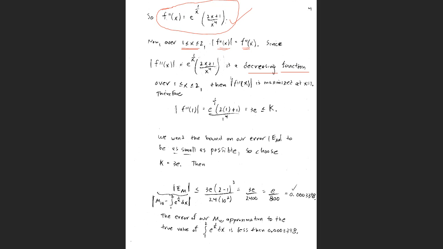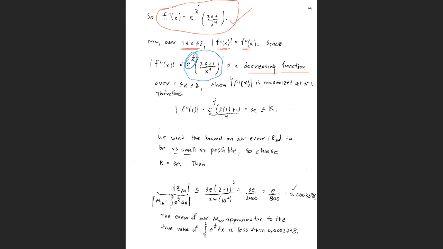Now, how do we know that? Well, this function here, we could graph it on our calculator, for instance, and we can see that it's a decreasing function. But you could also sort of prove it to yourself. The exponential function here, as x gets larger, that exponential function gets smaller.